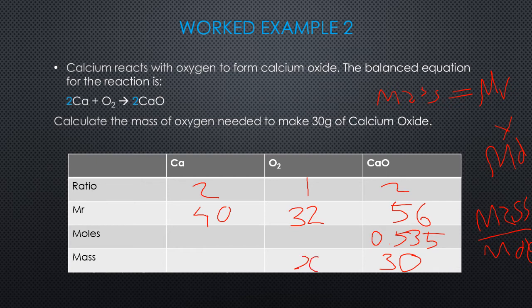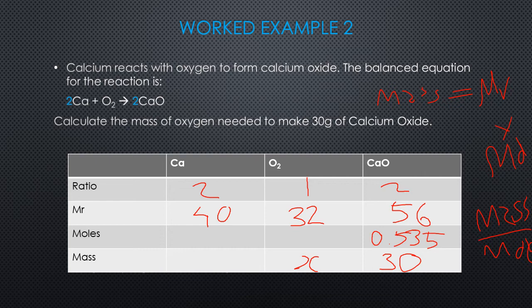Remember that we can work backwards, so we've got ratios to help guide us. We've got 2 lots of calcium oxide and 1 lot of oxygen. So what we can do is we can just halve the moles of calcium oxide to get the moles of oxygen, because we have a 2-to-1 ratio.